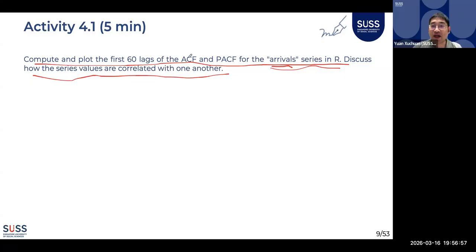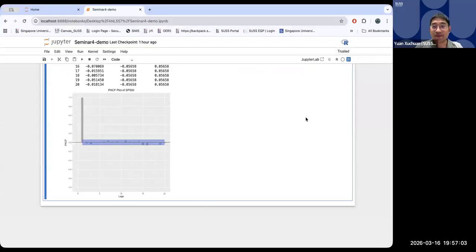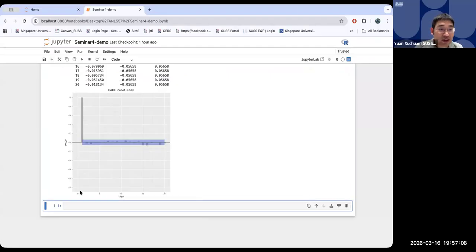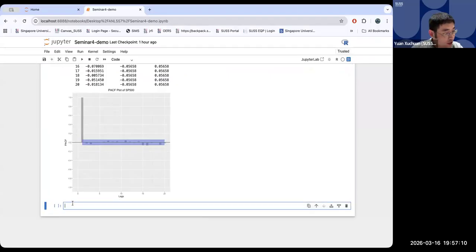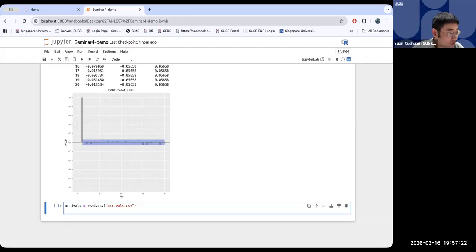Okay, so I believe everyone should be able to import the data. So let me do a quick demonstration. We need to read the arrivals CSV data.